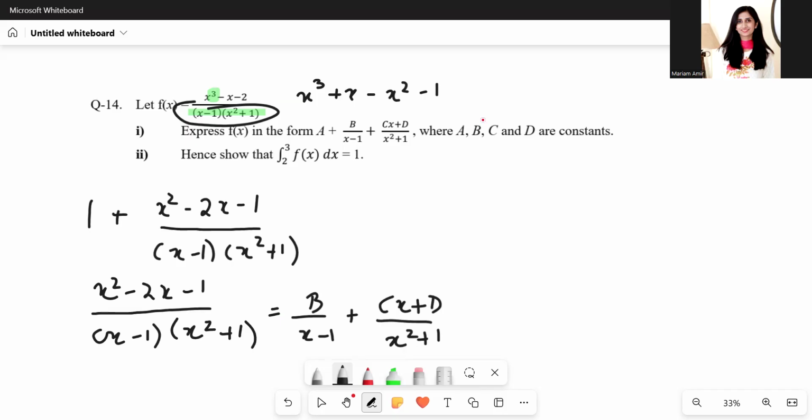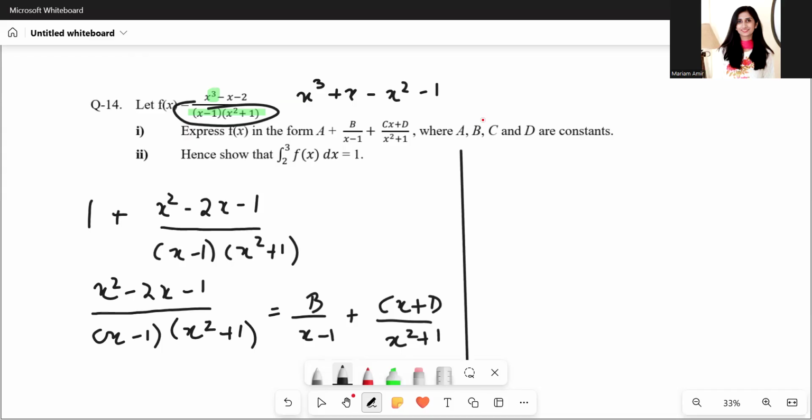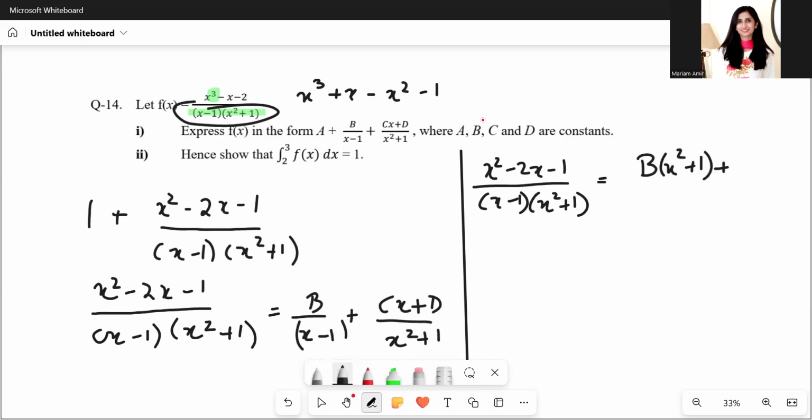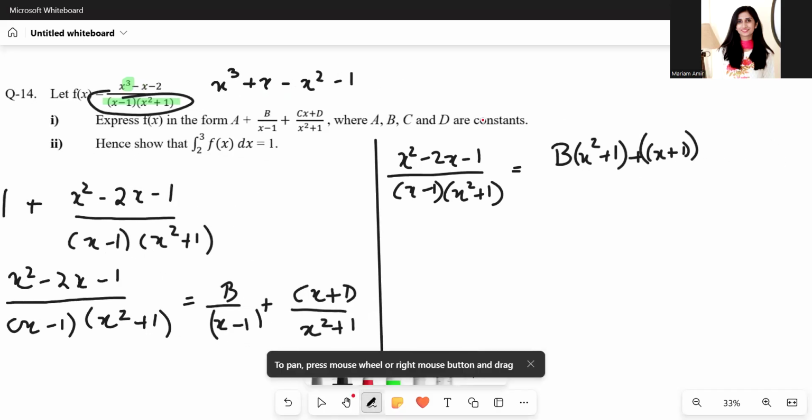Okay. Now we're going to make the denominator the same on both sides. (x squared minus 2x minus 1) upon (x minus 1)(x squared plus 1) is equal to B, which gets multiplied with x squared plus 1, both in the denominator and numerator, and (Cx plus D) gets multiplied with x minus 1, both in the numerator and denominator.